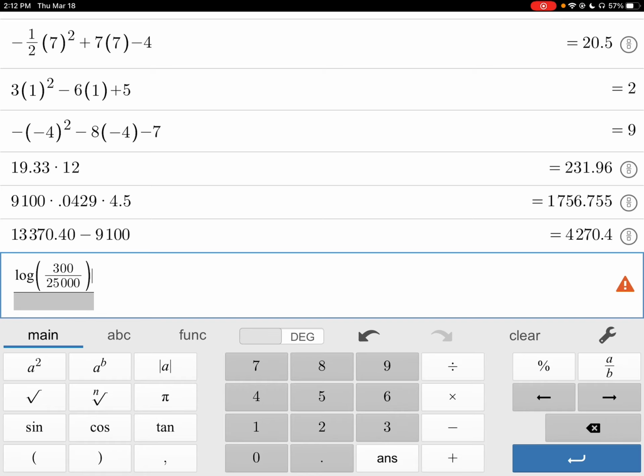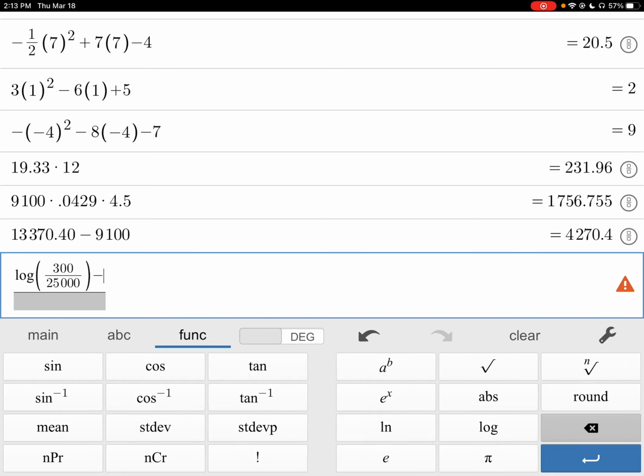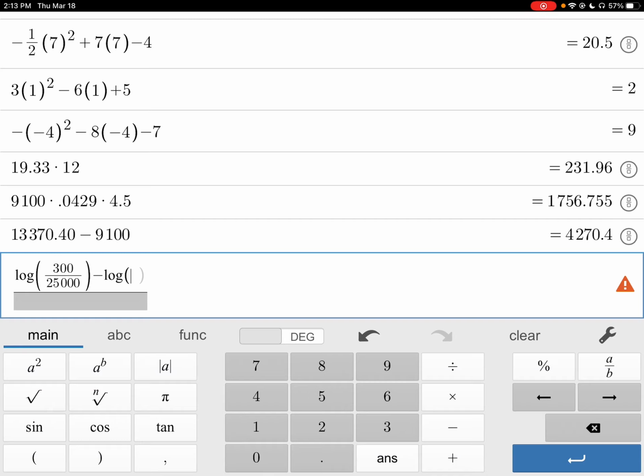Please follow along in your calculator. Practice typing this in, see if you get the same answer as me, or if you need some help. So we've got this fraction, 300 over 25,000 minus 0.059 over 12. It should look just like this in your calculator.